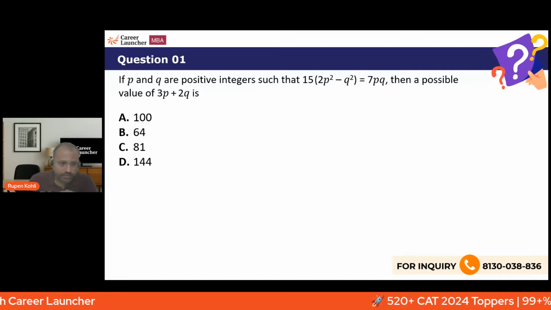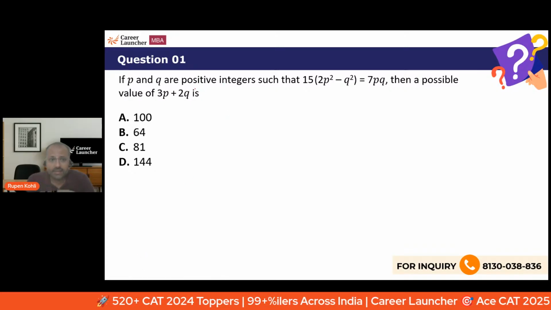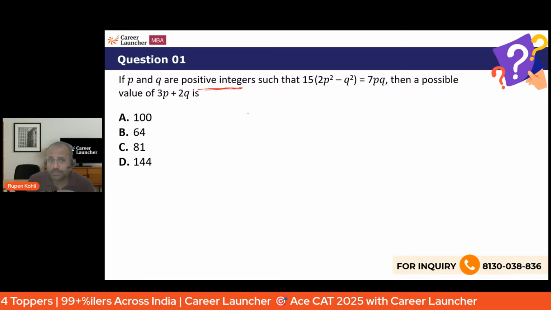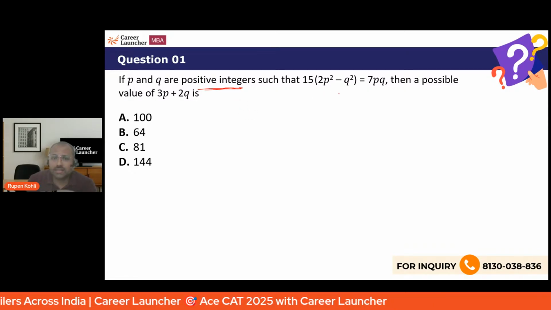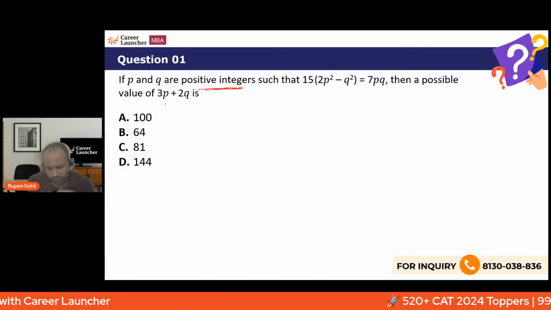So that's the style of this problem. It is that constraint which binds the problem, through which the logic emerges. So p and q are integers, and then this equation is there, and then we have to find the possible value of this expression 3p plus 2q.